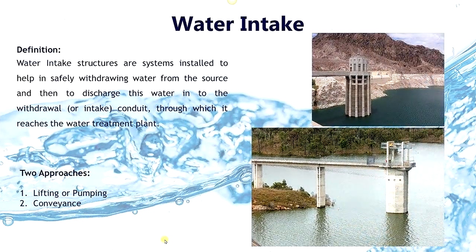So if you look at the definition, water intake structures are systems installed to help in safely withdrawing the water from the source and then to discharge this water into the withdrawal or intake conduit through which it reaches the water treatment plant. And how will you supply the water to the treatment plant?